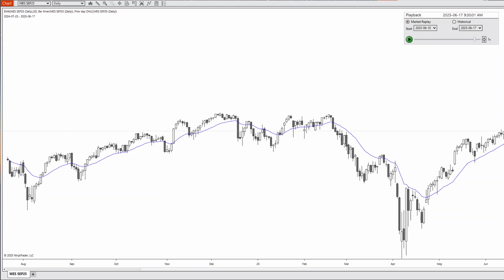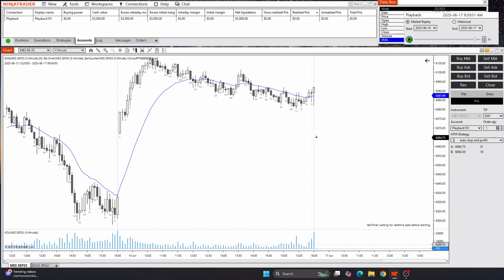I would be cautious to enter above the high of this bar here. So basically we are in the trading range here, so be mindful of that. We'll keep it open here.